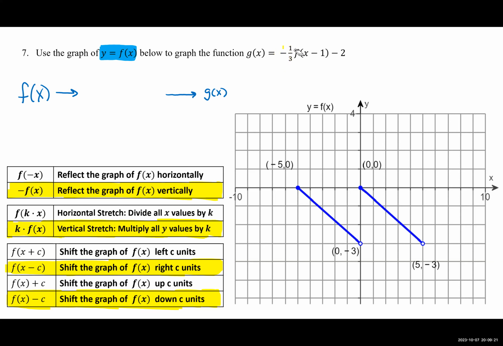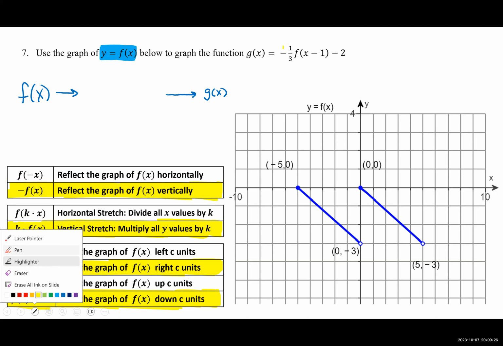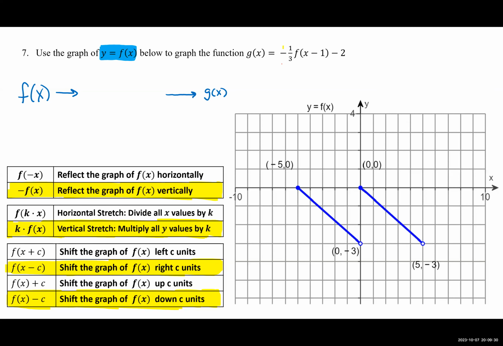We've got a negative sign, a times 1/3 on the outside, a -1 on the inside, and a -2 on the outside. So we've got four transformations.